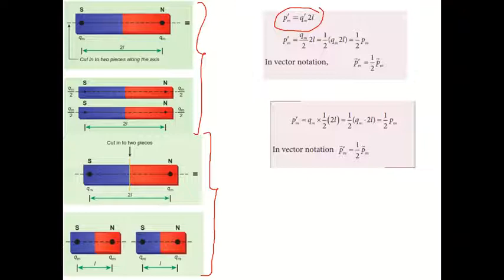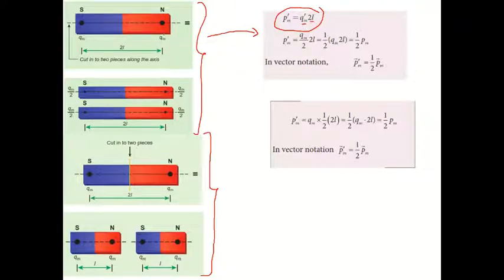Qm is pole strength, sorry, 2L is magnetic length. Qm means pole strength. Suppose we take the first case. We know that dipole moment equals pole strength Qm into 2L.